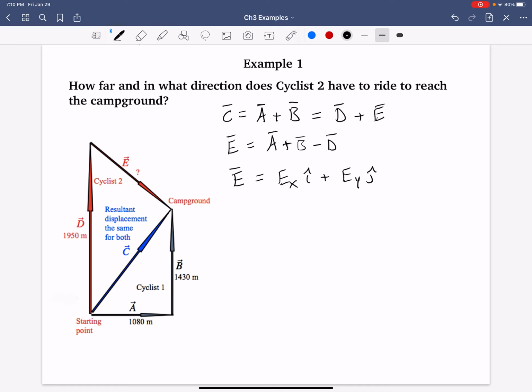We want to find numbers for both of those. Well, you can do that by using this vector statement that we found earlier and just doing it purely in x and purely in y.